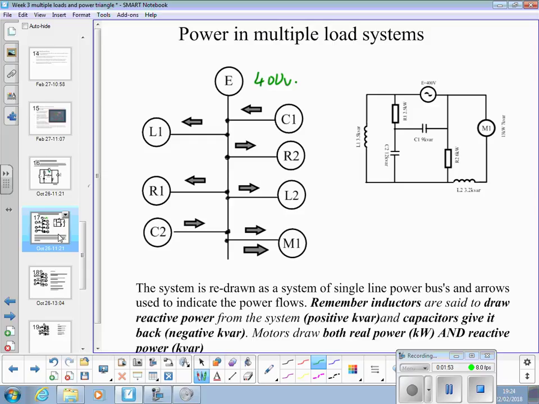An inductor takes reactive energy from the supply, so the arrow's pointing out. A resistor is going to be power. So these are going to be Qs, inductors being positive Q, capacitors being negative Q.